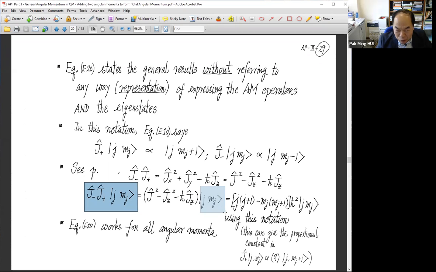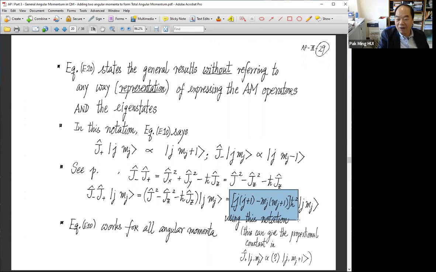But every time you do something, you have a proportionality constant in front. In this case, you can use this operator relation to work out something rather scary. You get this proportionality constant, and using that, you can work out the proportionality constant here and there.